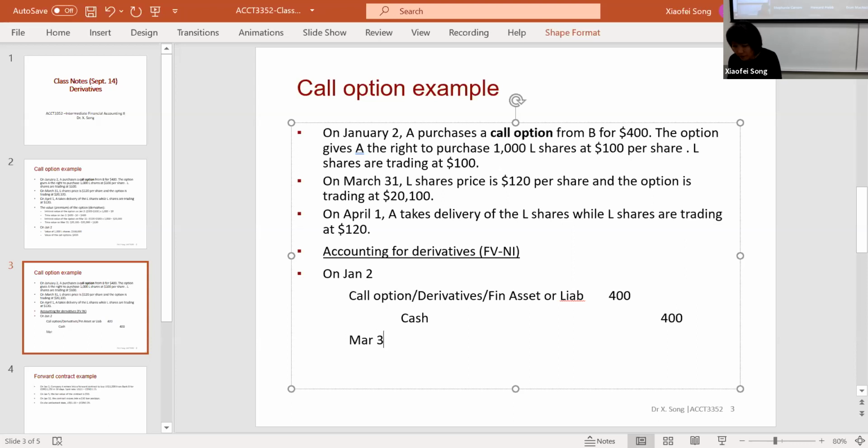March 31st. Now, why do we bother with March 31st? Well, we were given the information, but keep in mind, we don't have to do anything unless it's a statement of financial position date, right?